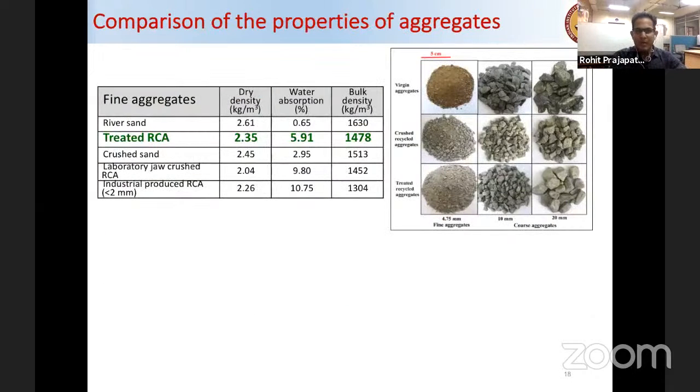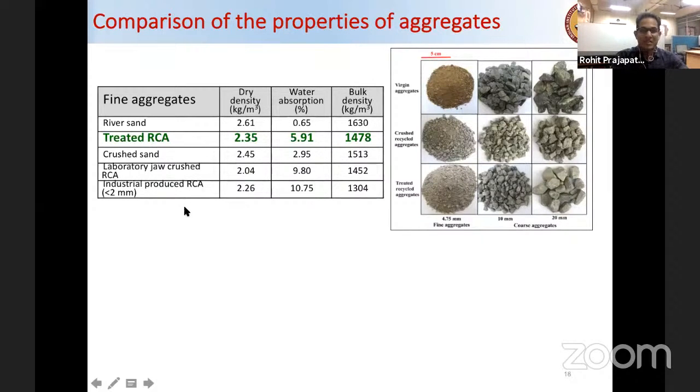Just to compare all these aggregates, here we have natural aggregates: for fine aggregate it is river sand, and for coarse aggregate we have granite aggregates. We tried to compare the properties of this treated material with the standard material and other materials, such as the alternative for fine aggregate, which is crushed sand, and laboratory crushed and industrially produced recycled fine aggregates.